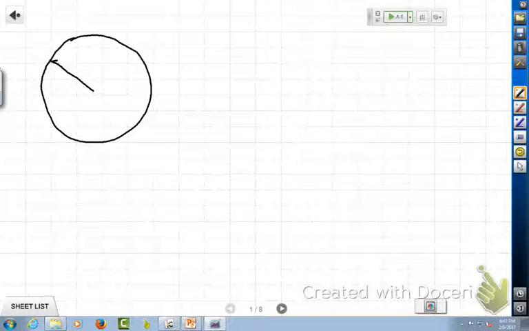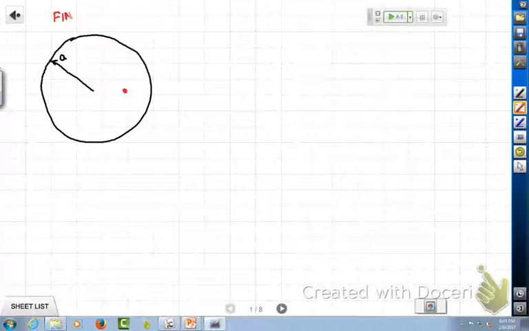So this is a, and then my point of interest is there. I want to find the electric field at this point, P. Find E at P.